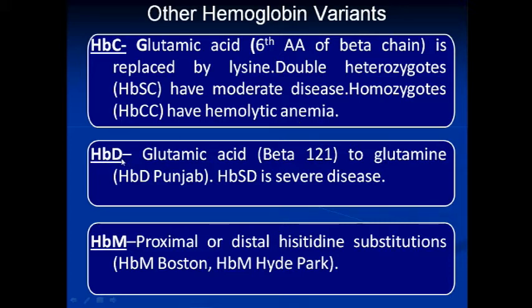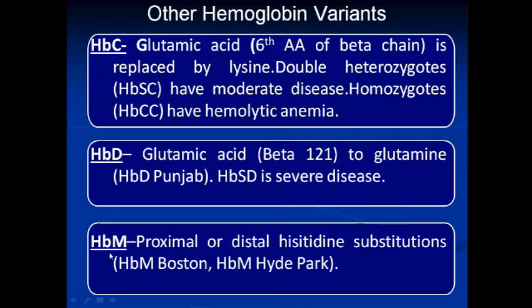Now hemoglobin D is generated when glutamic acid at position 121 is replaced by glutamine. It was first reported in Punjab, so it is abbreviated as HbD Punjab, and HbSD creates a severe disease.